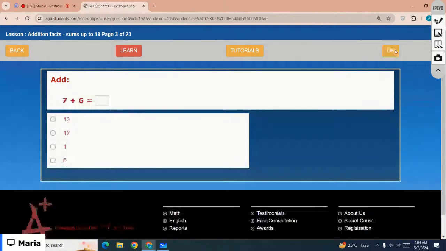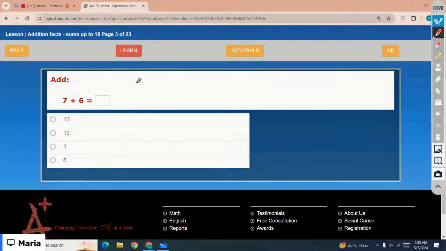The next one is 7 plus 6. So, 7 plus 6 equals, so start with the greater number and count until the smaller number.